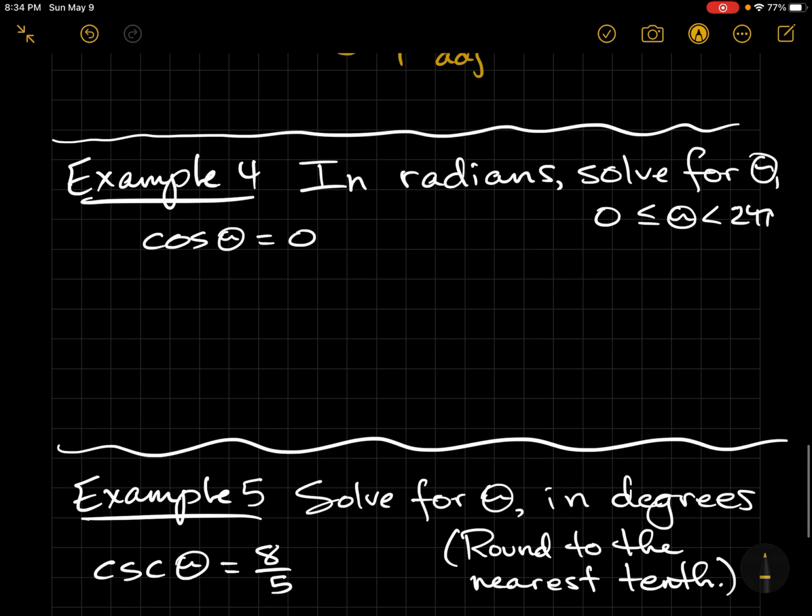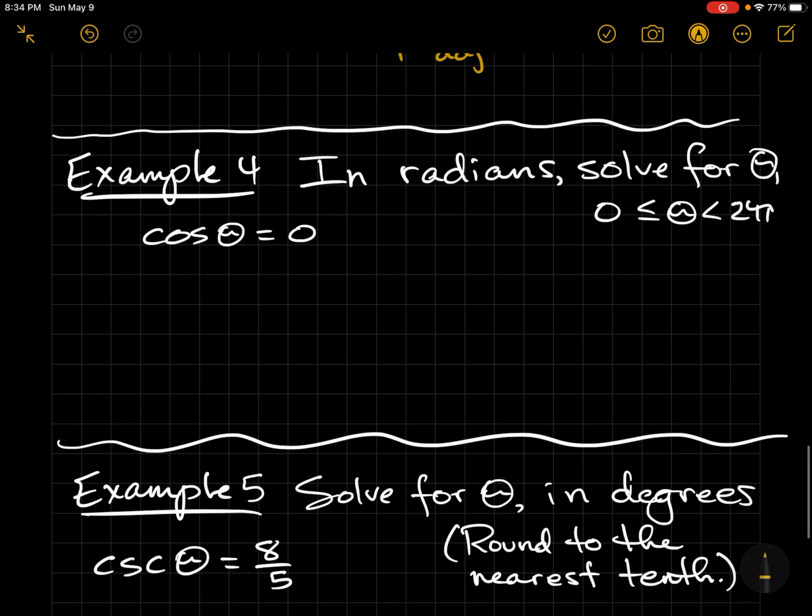Alrighty, example 4. This is a quick one, but I definitely wanted to show you how to do this. Where does the cosine of theta equal 0? How can adjacent over hypotenuse be 0? There's no way for an adjacent side to be 0. So now I'm not even thinking about a triangle anymore.